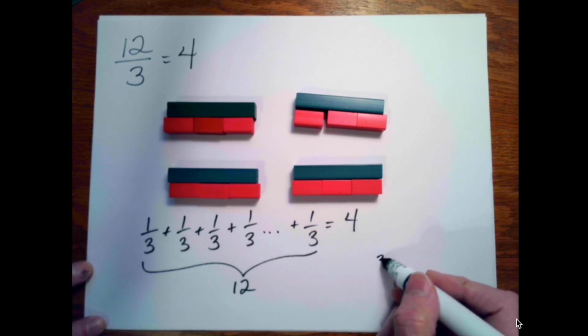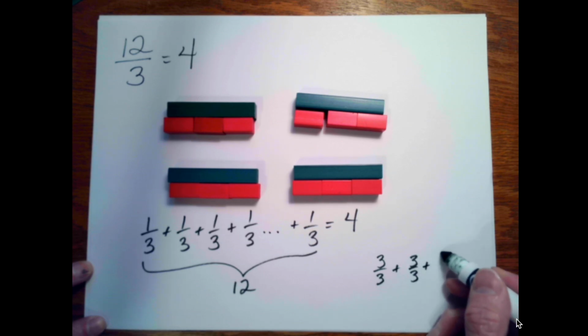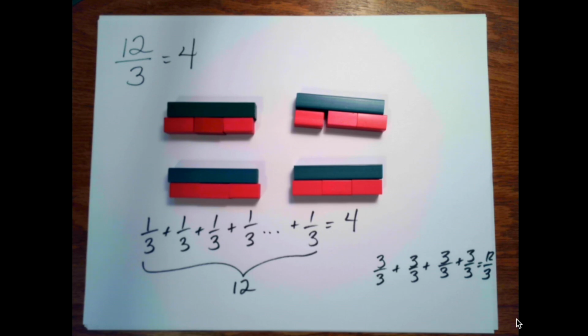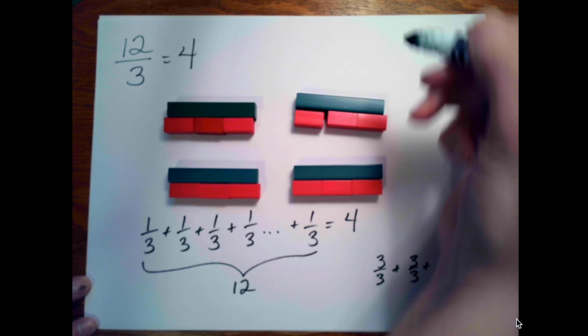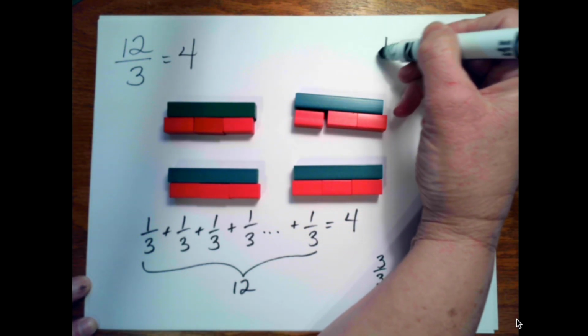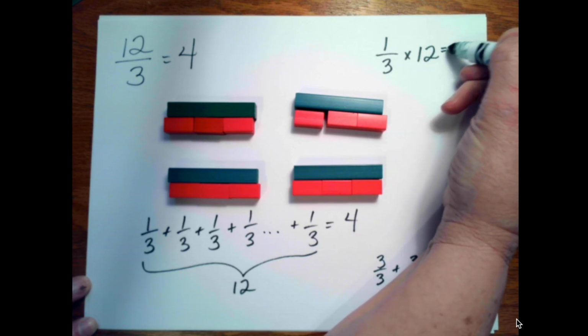Some students might say 3 thirds plus 3 thirds plus 3 thirds plus 3 thirds equals 12 thirds. But no matter which of these ways they do it, what they're really doing is thinking 12 times 1/3, or 1/3 times 12, is equal to 4.